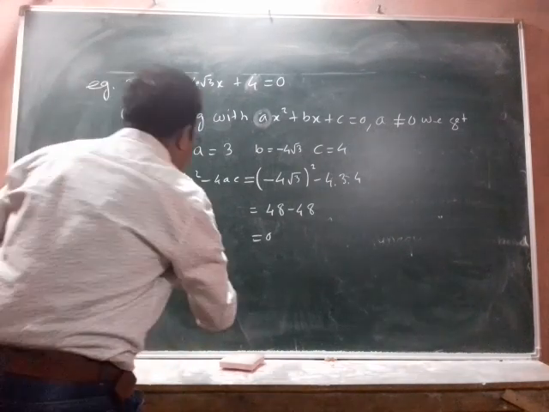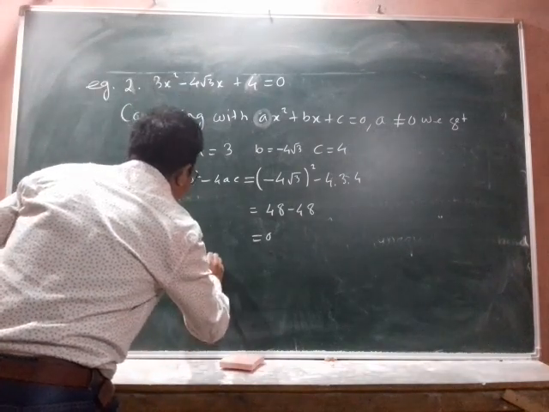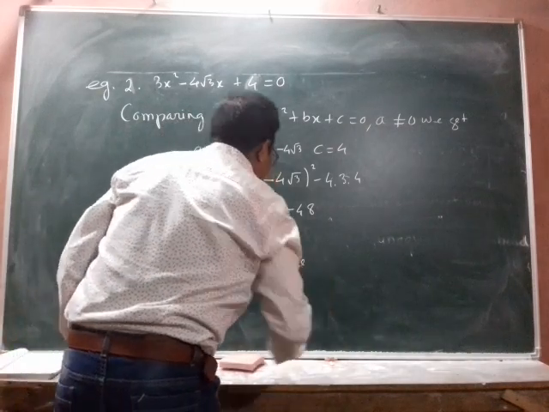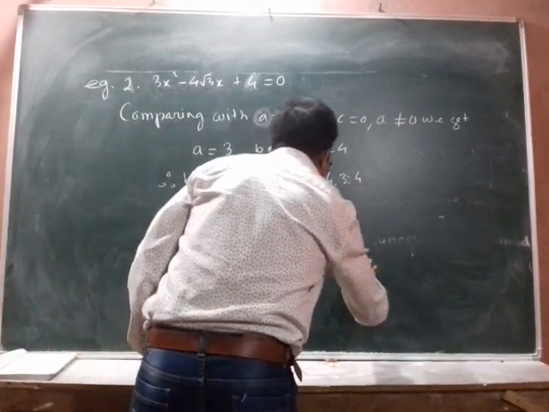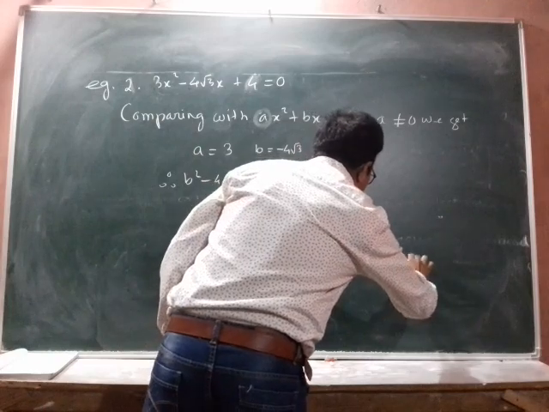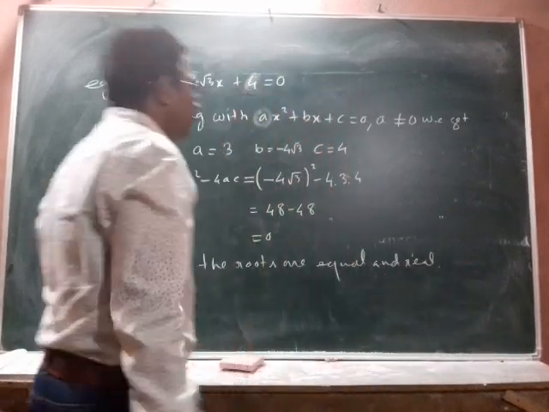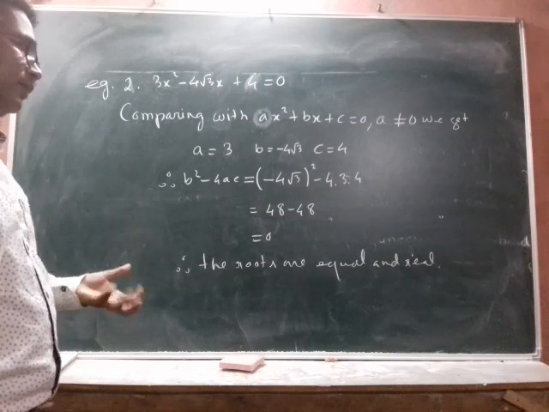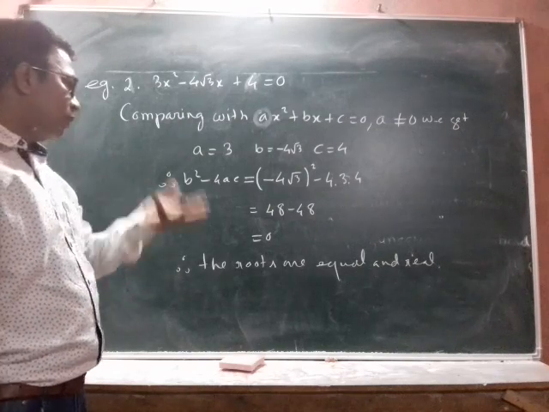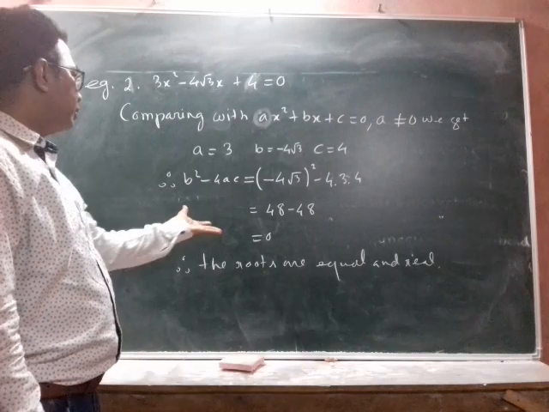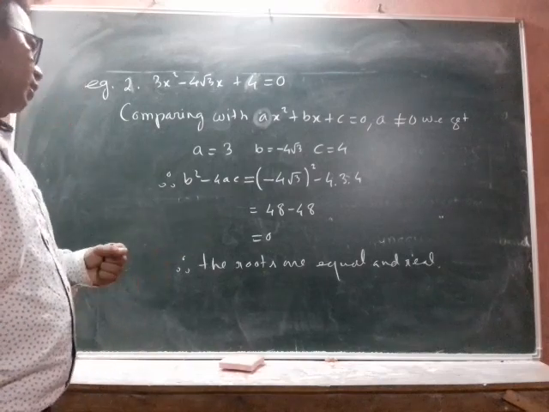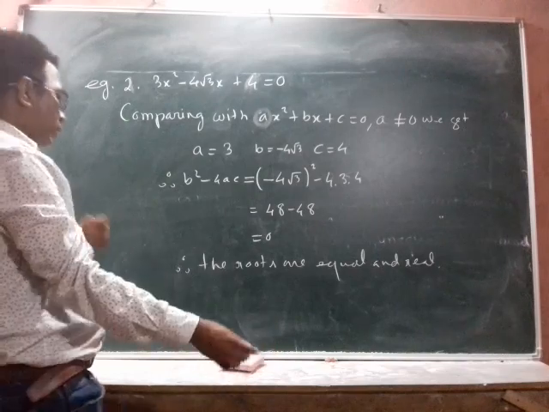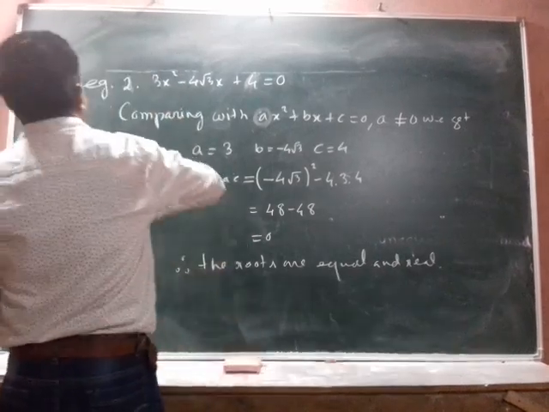In this case, the roots are equal and real. If we solve the equation, we will get the same value for x; both values of x will be the same. So in this case we get equal and real roots.